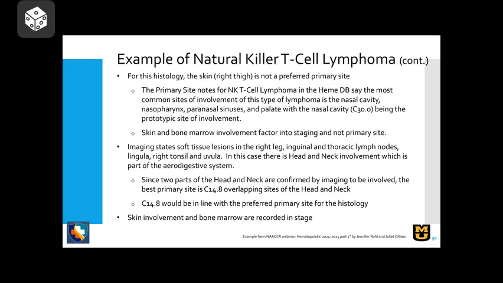Since two parts of the head and neck are confirmed by imaging to be involved, the best primary site is C14.8, overlapping sites of the head and neck. C14.8 would be in line with the preferred primary site for this histology. Skin involvement and bone marrow are recorded at stage.